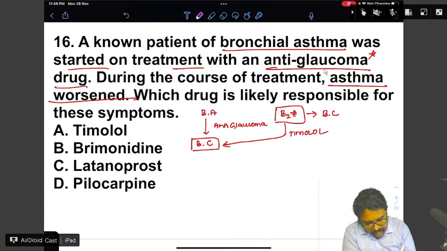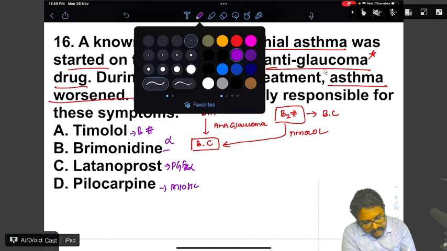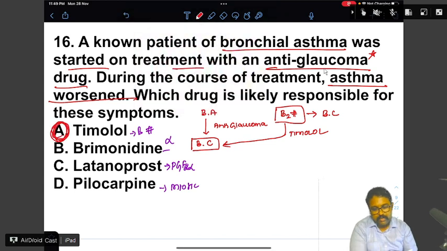Brimonidine is an alpha agonist. Latanoprost is a prostaglandin F2 alpha analog, and pilocarpine is the miotic. So timolol is a beta blocker. So the answer here will be timolol, which can precipitate the attack of bronchial asthma.